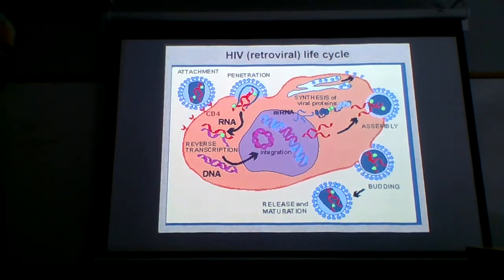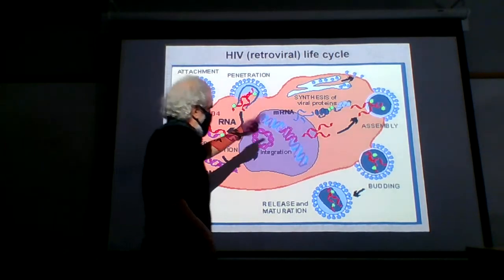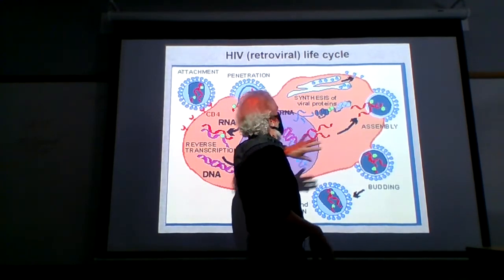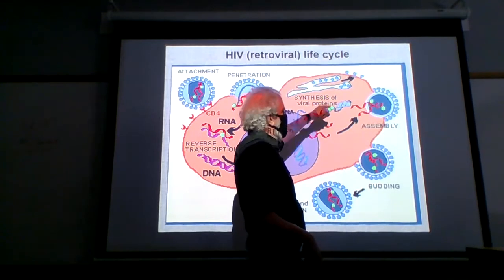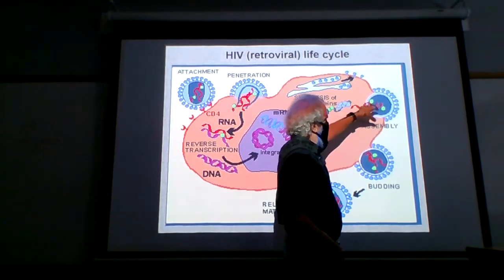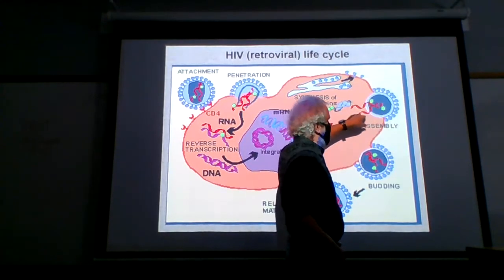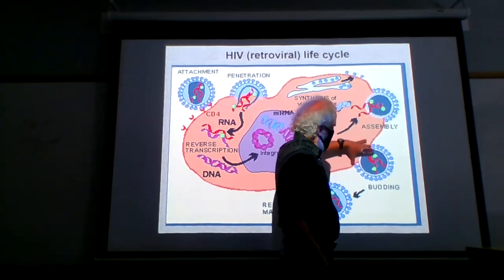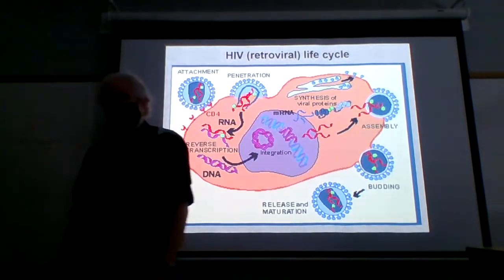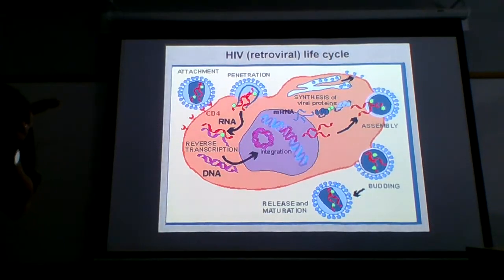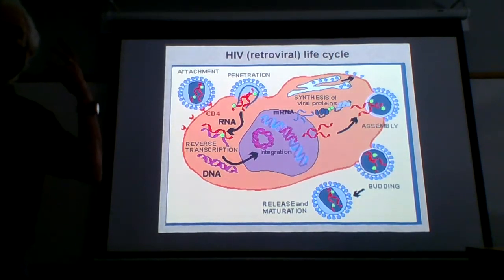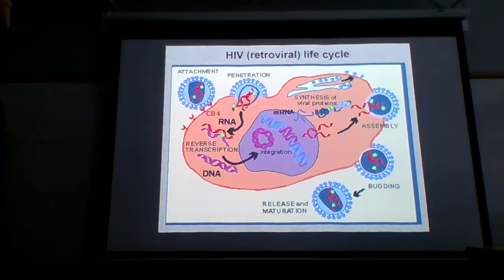So the viral RNA is being generated, the RNA gets out to the cytoplasm, viral proteins are being produced, the infectious viral particle is being generated and loaded up with RNA, and we have budding release of the mature virus. Now, it doesn't end up killing this cell, at least not right away. This cell becomes a viral producing factory.